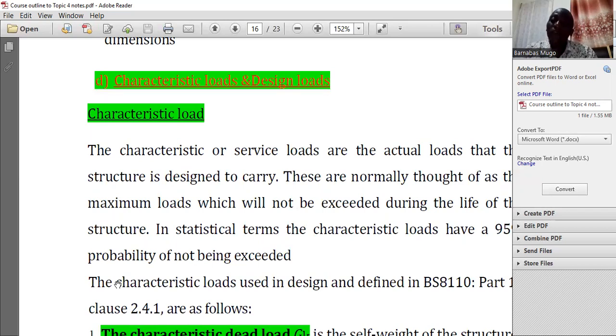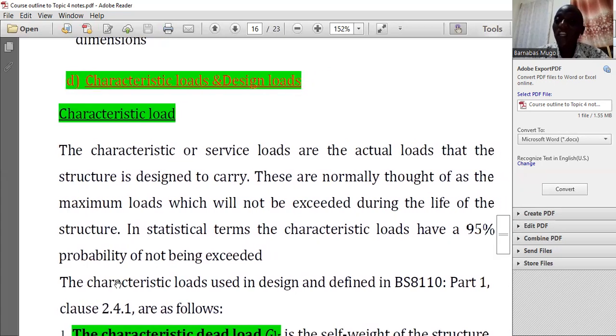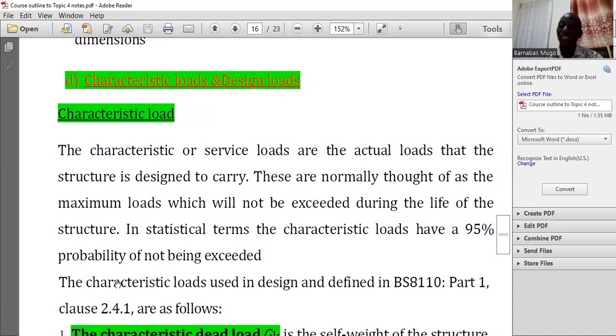The design load is the one that has the factor of safety, while the characteristic load does not have the factor of safety. The characteristic load is the actual loading that the structure is designed to carry. This is normally thought of as the maximum load which will not be exceeded during the lifespan of that structure.